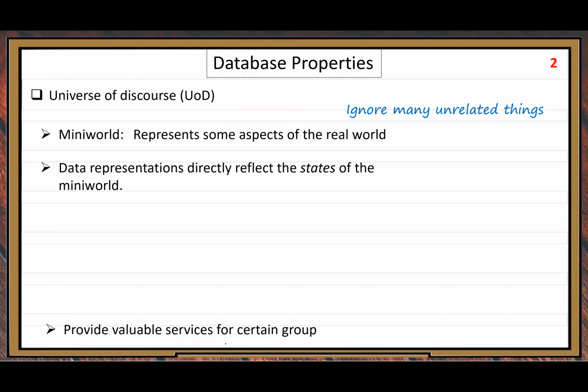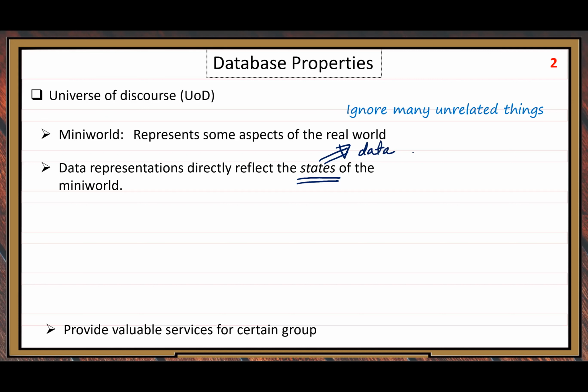All right. Data representations directly reflect the states of the mini world. Here, the states. We know the states can change at different times, right? States keep changing. But when we talk about states, it corresponds to the data part.